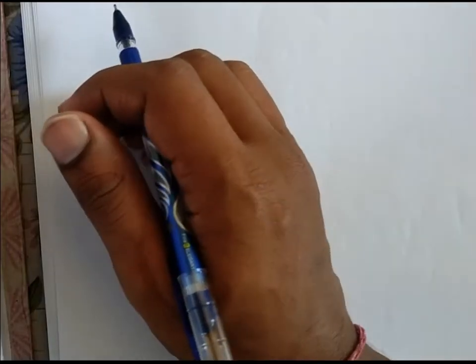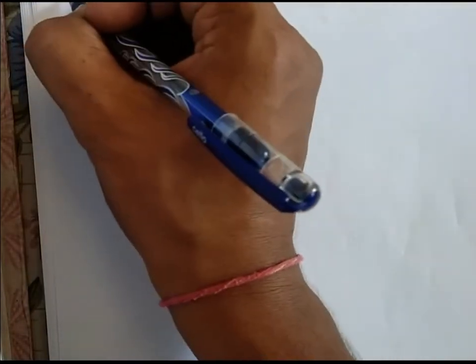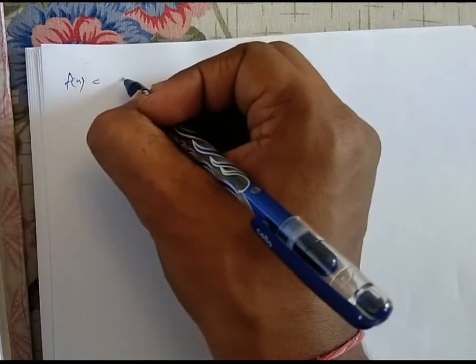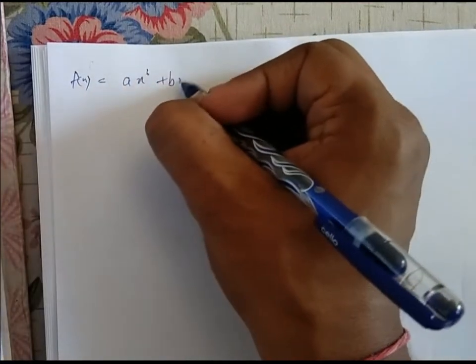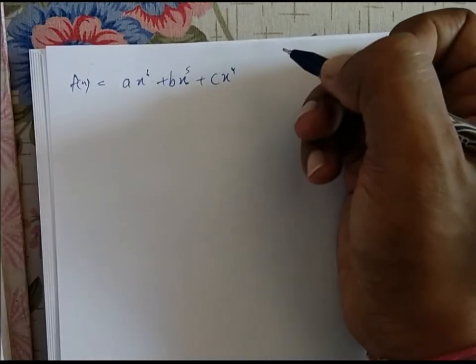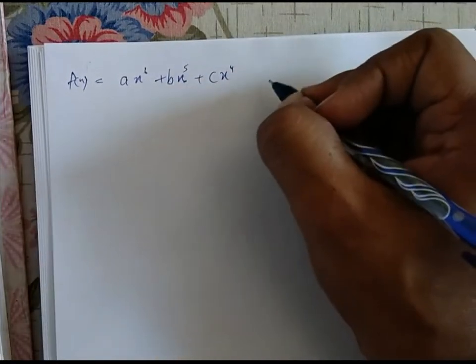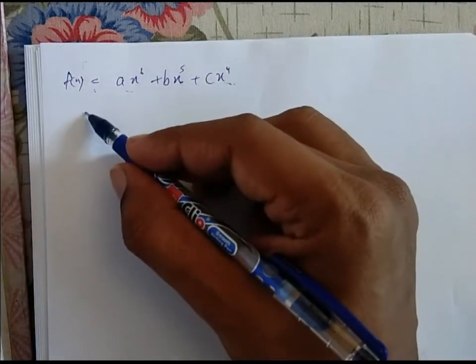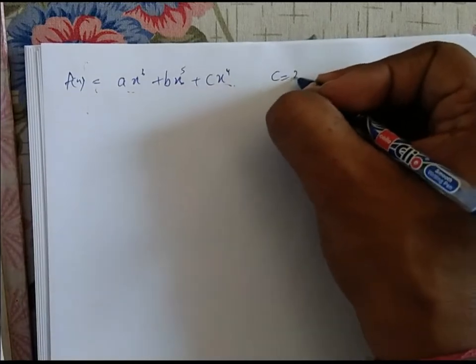We also know that fx is a 6-degree polynomial. So fx is equal to ax power 6 plus bx power 5 plus cx power 4. Okay, since x tends to 0, fx upon x power 4 tends to 2, hence c should be equal to 2.